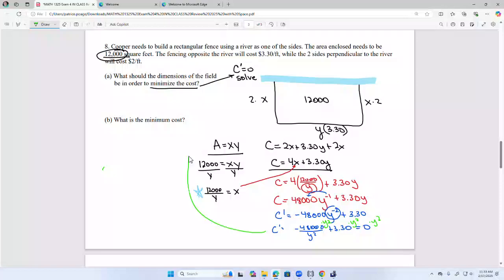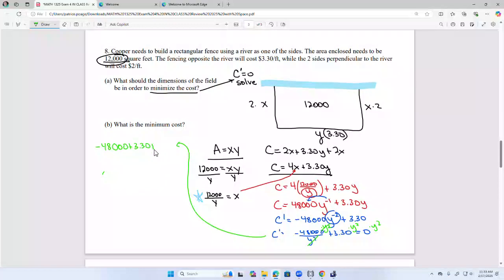And then I'm going to move up here where I have more room. So the first term they cancel, and I'm just left with -48,000 plus 3.30 y squared equals 0 times y squared is 0.